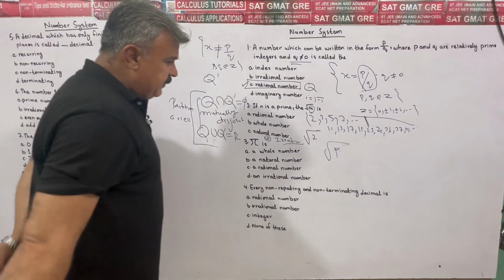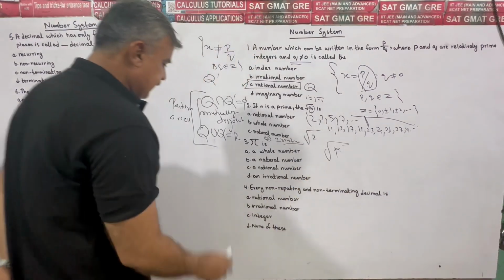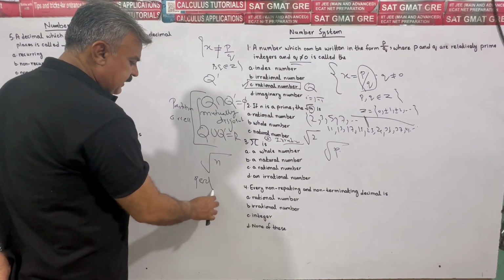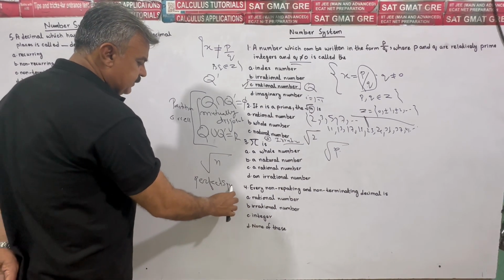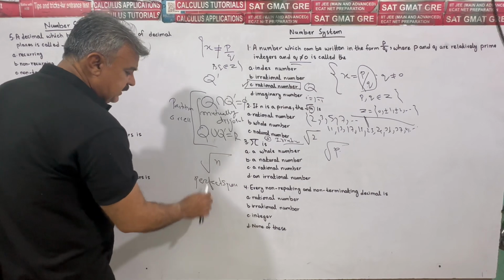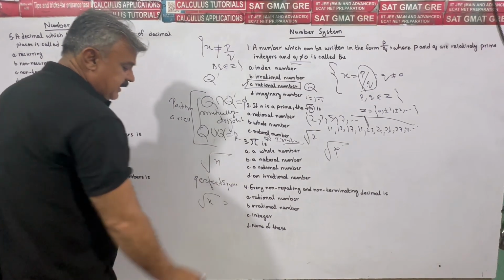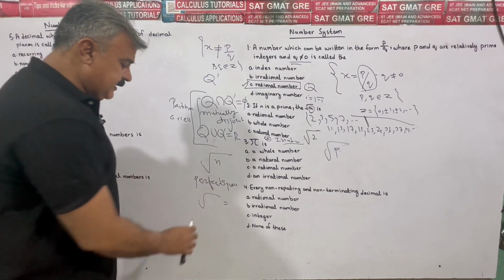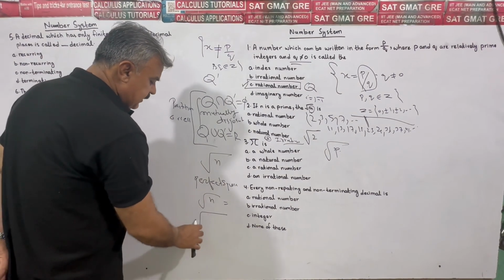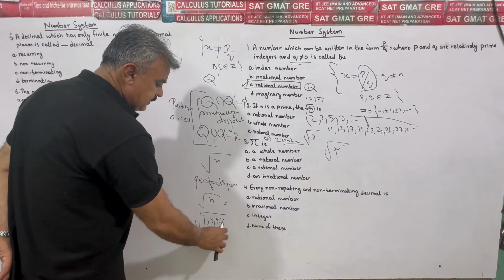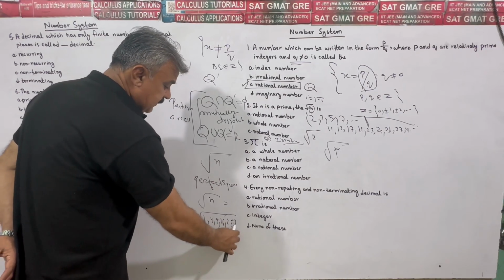Another MCQ of the same type mentions that n is a perfect square. If n is a perfect square, then its square root represents a rational number. Why? Take any perfect square: 1, 4, 9, 16, 25, 36.